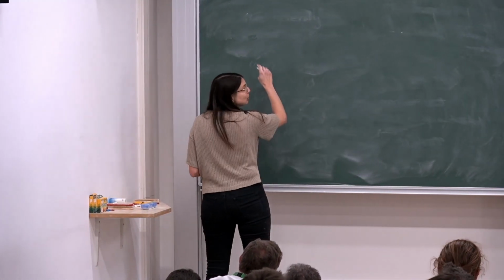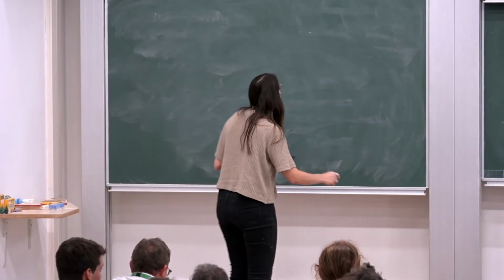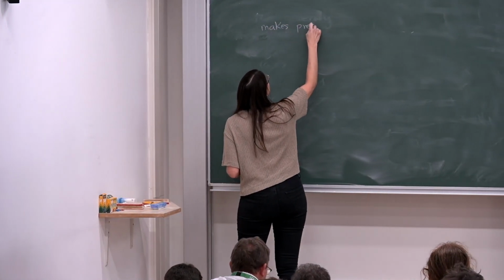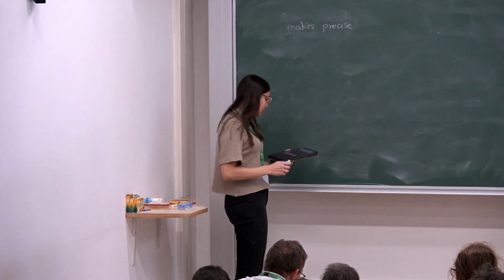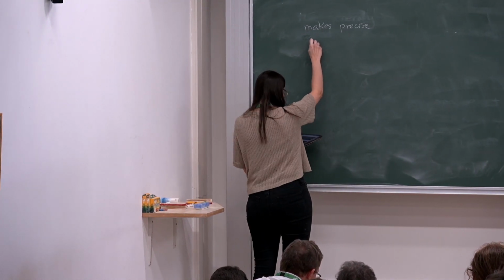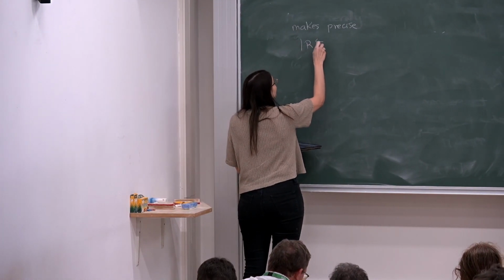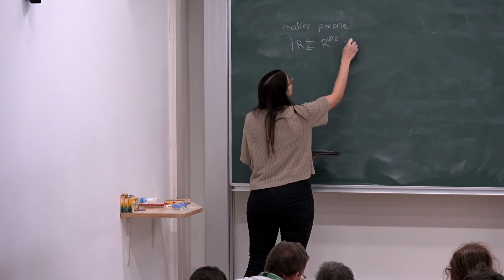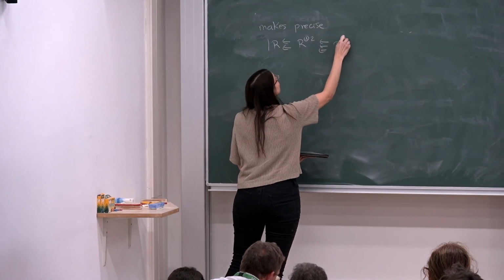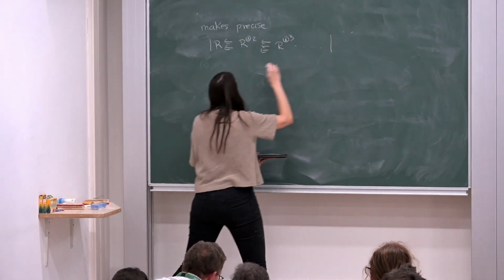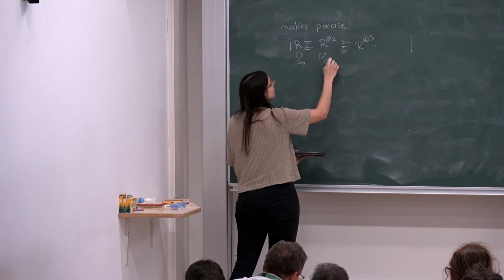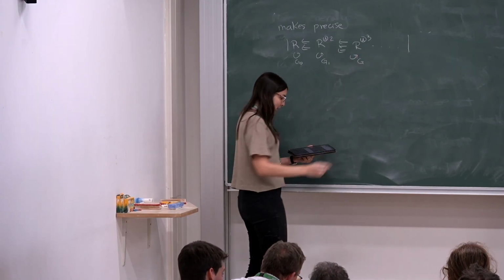First, let me also say what this construction does: it makes precise some kind of bar construction with respect to these GNs. So instead of the cyclic groups, now we have these actions.